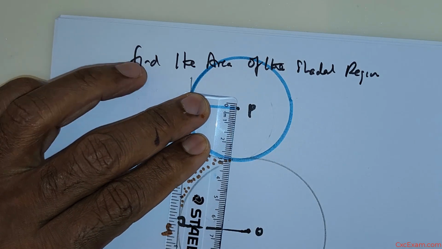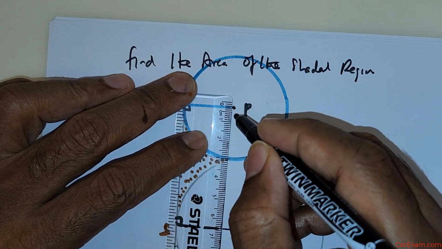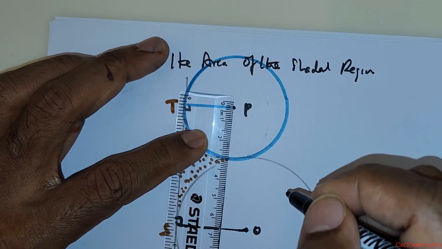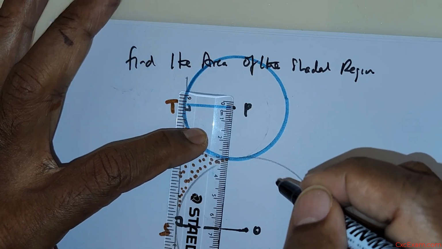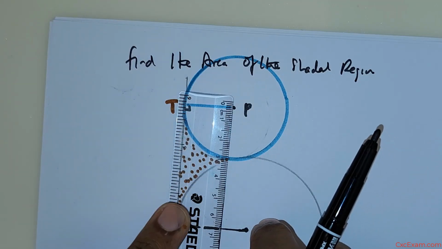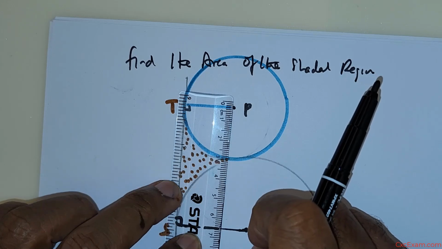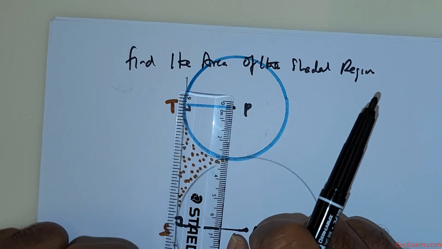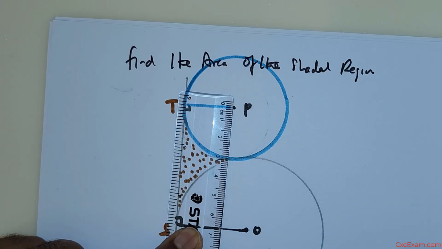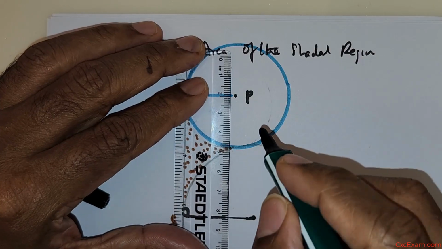Now having got that, as I mentioned to you, I will drop a perpendicular, okay. If I were to drop a perpendicular, then I would be able to utilize that perpendicular in extrapolating the unknown. Okay, so let me do that.